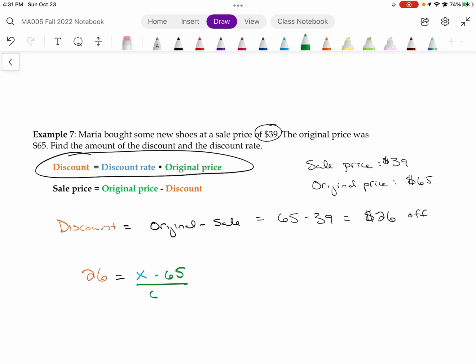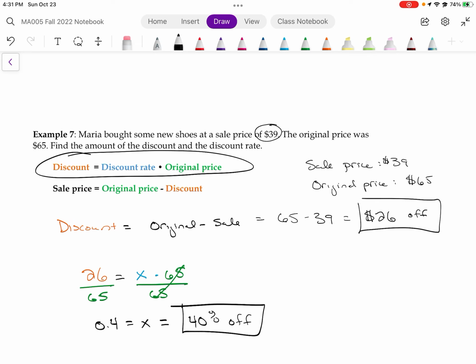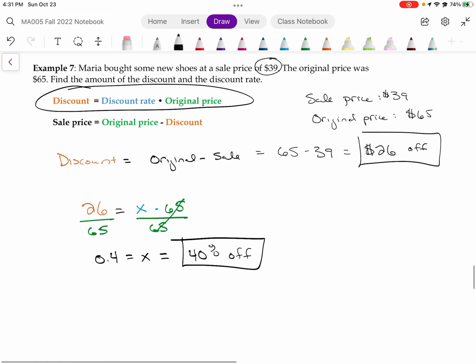Now we're going to divide both sides by 65, and we get that x equals 0.4. So what was the discount rate? The discount rate was 40% off. So it was $26 off, which is 40%. So remember, to find a percent of something, you need to use the original price.